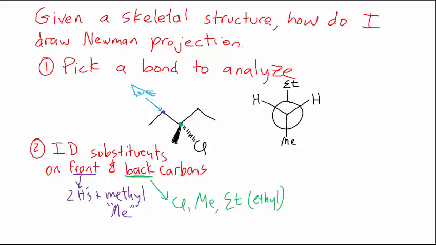And now I can even think, all right, if my eye is actually in the plane of the board, whatever is coming out of the board corresponds to which of my hands? My right hand. So that methyl group should be going down and to the right. And the thing going into the board corresponds to my left hand, which I can't actually extend through the wall. But if we were going into the board, that would be on my left. So down and to the left, that's where I'm going to draw the chlorine.